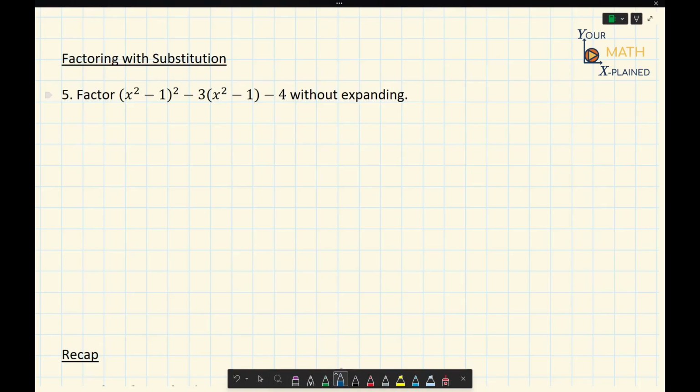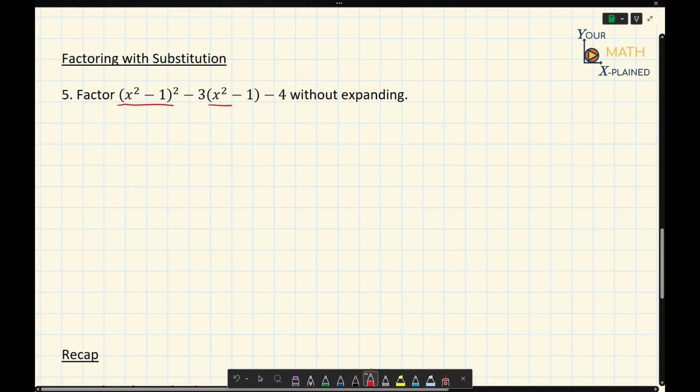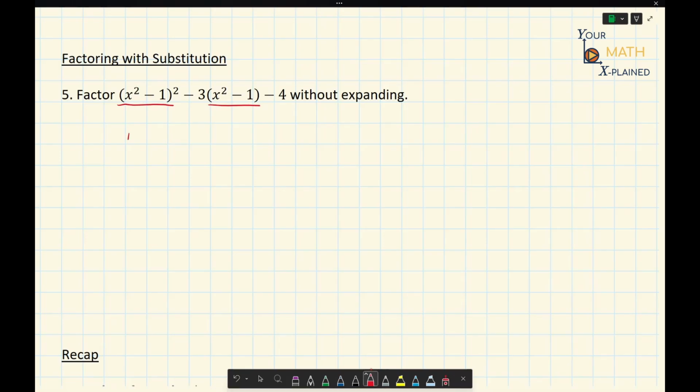if we were to expand things out, we're going to end up with an x to the power of 4. Instead, we can see that we have x squared minus 1 and x squared minus 1. So we're going to let u be equal to x squared minus 1. And then we're going to rewrite the expression in terms of u.